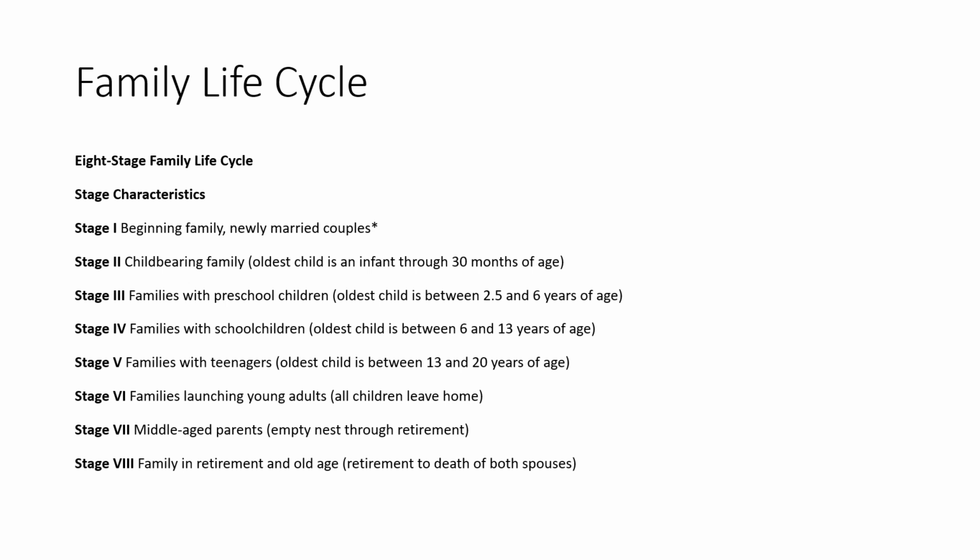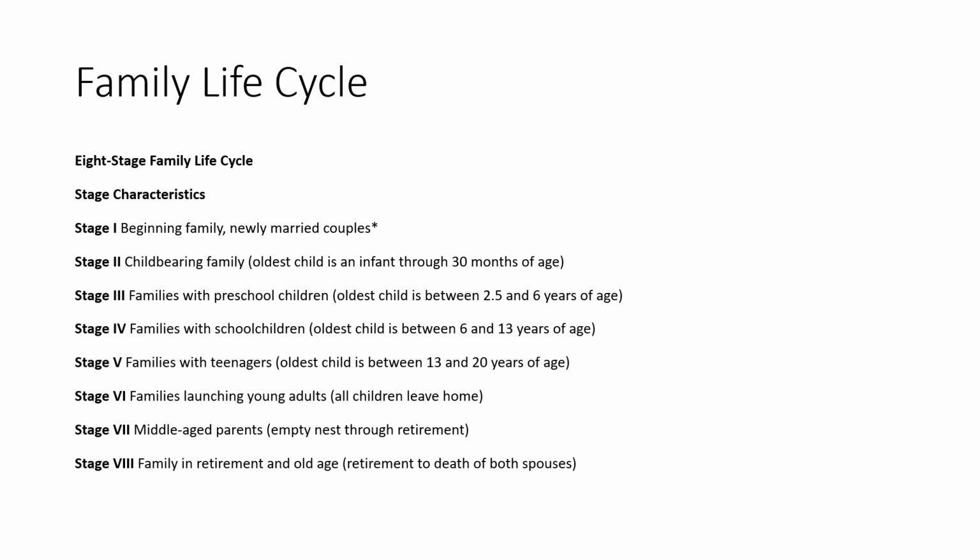I'm in stage 3 because I have a 4-year-old and a 2-year-old. Stage 4 is families with school-age children, where the oldest child is between 6 and 13. Stage 5 is when the oldest is between 13 and 20.